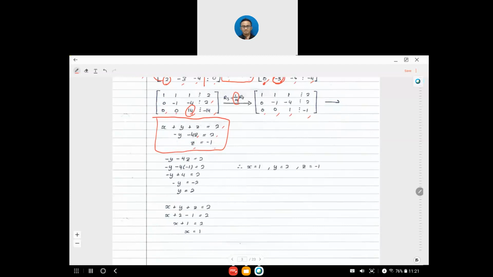Since you already get the value of z, you can find the value of y by substituting into the second equation. So you can get y equal to 2. And then same thing, you already have z and y, substitute into the first equation, so you can get x equal to 1. Okay, that is the answer for question D.